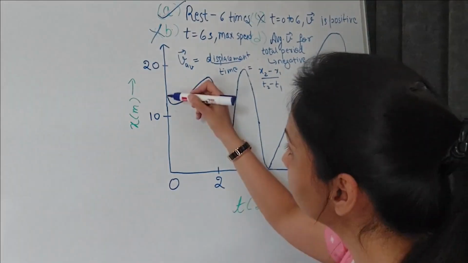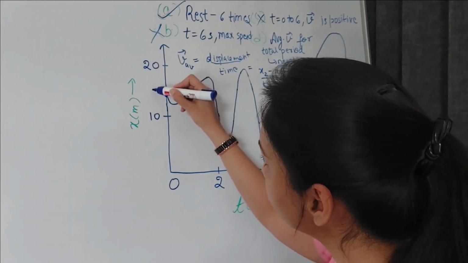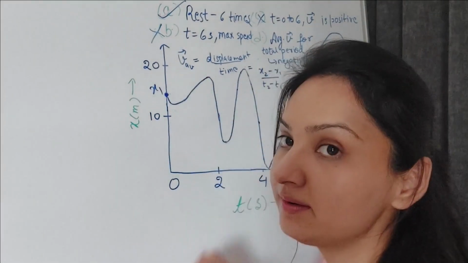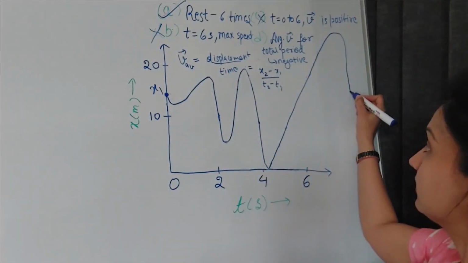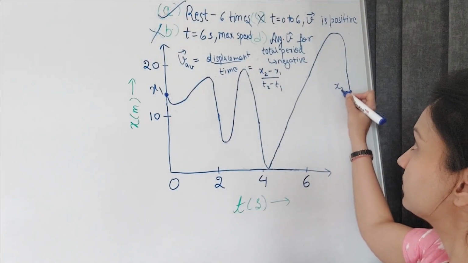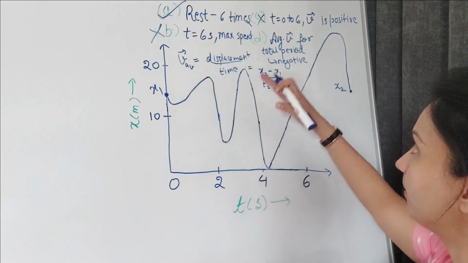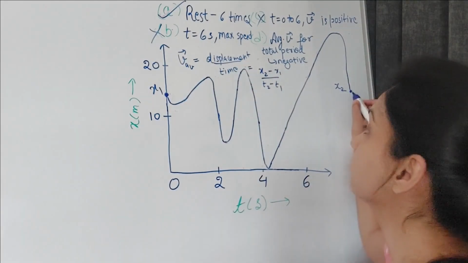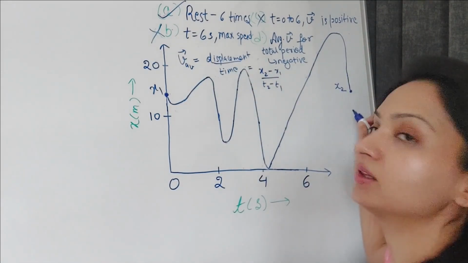So clearly, this is my initial position, x1, and this is my final position. Since they are talking about the total period, this x2 here is my final position.